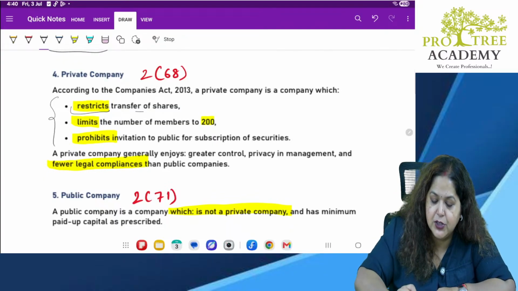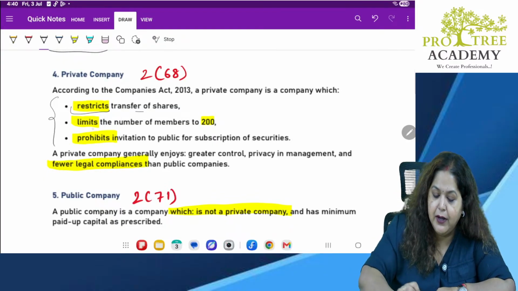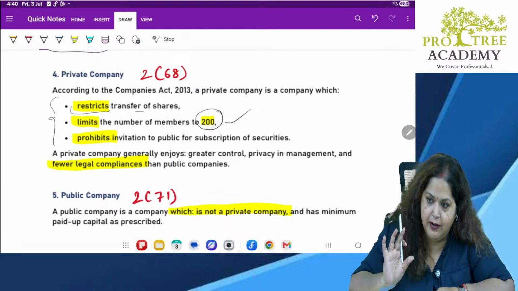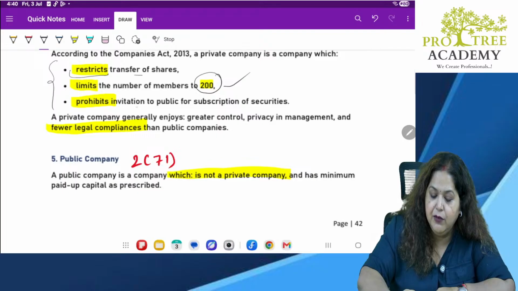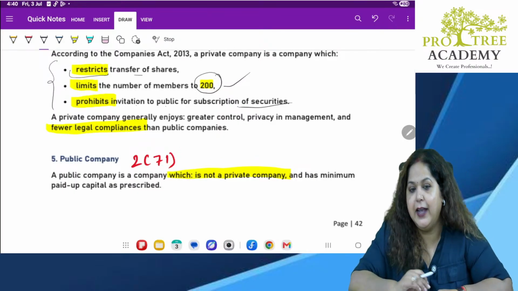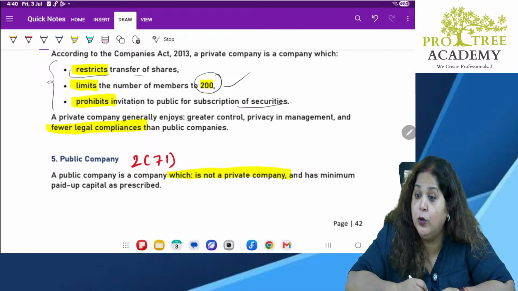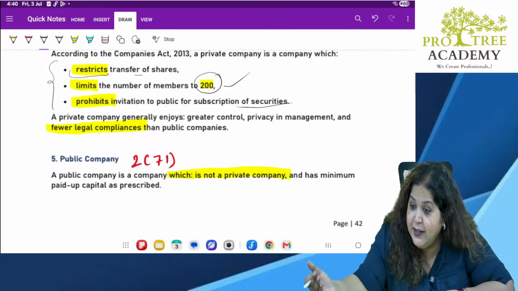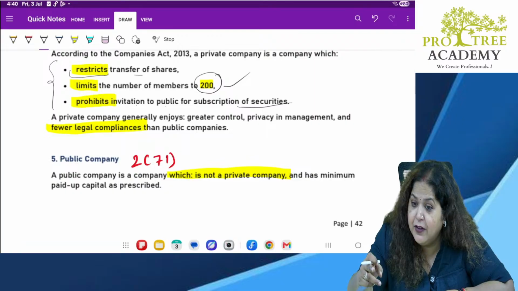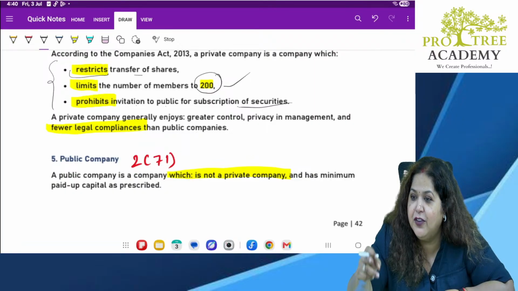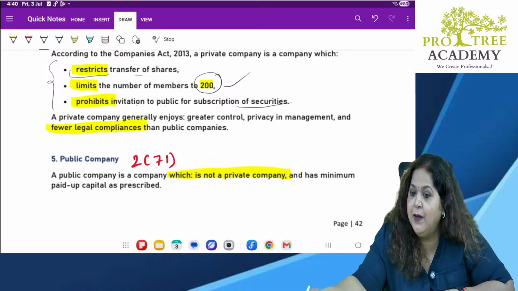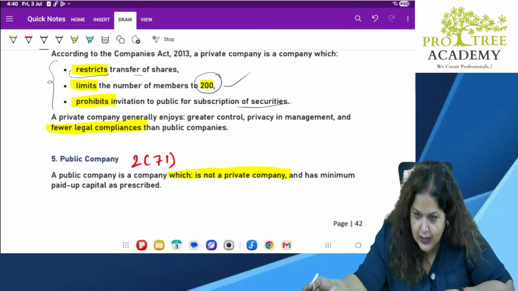Restriction on transfer of shares, and limit the number of members to a maximum of how much, guys? 200. Then it prohibits invitation to the public for subscription of securities. A private company cannot invite subscription from the public in the form of IPOs. In any company, when they go for subscription from the public, they go for IPOs, right?